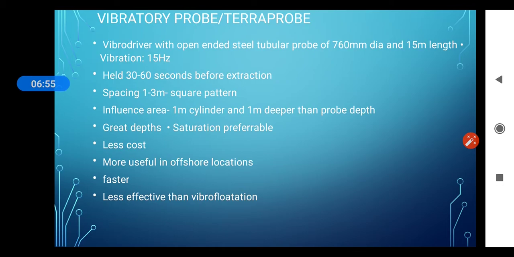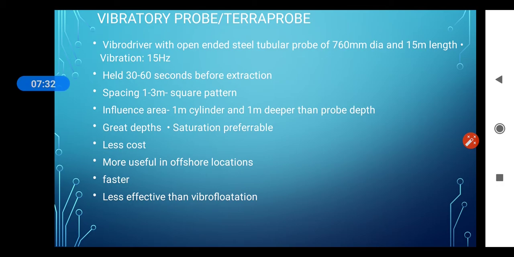The spacing is about 1 to 3 meters in a square pattern. The influence area is about 1 meter around and 1 meter deeper than the probe depth. For greater depths, saturation is preferable. This vibratory probe is low cost, more useful in offshore locations, and faster, but less effective than vibro flotation.